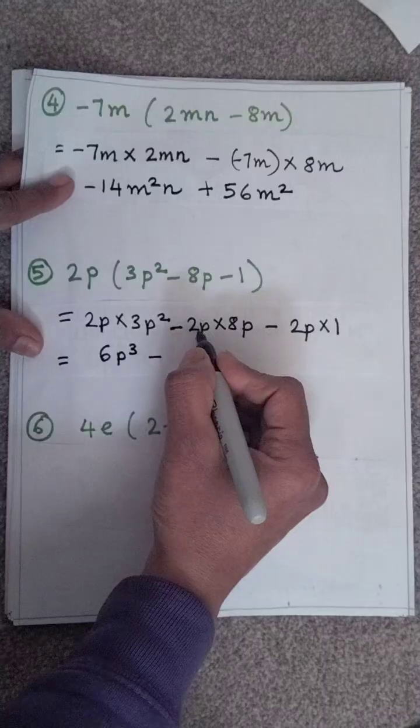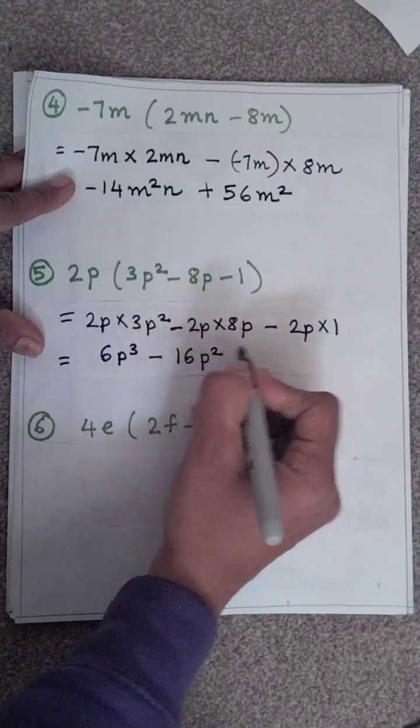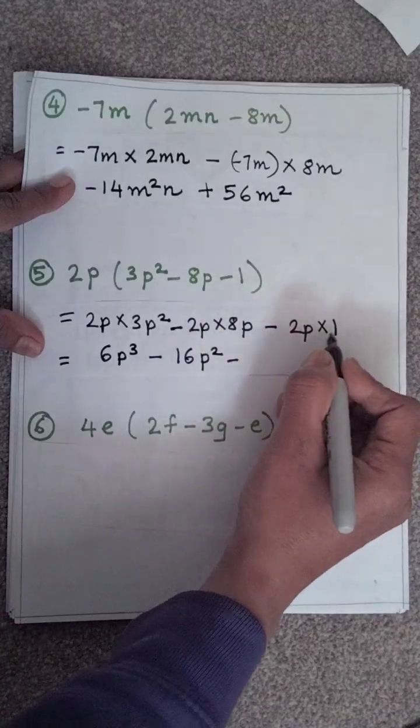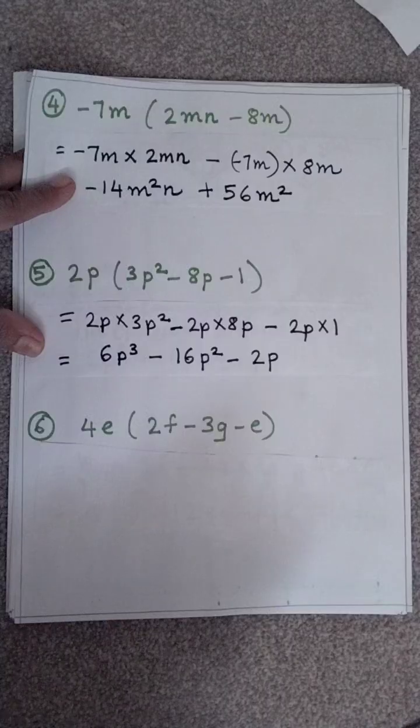Put minus sign. 2 times 8 is 16 p square minus 2p times 1 is 2p. So this is the answer.